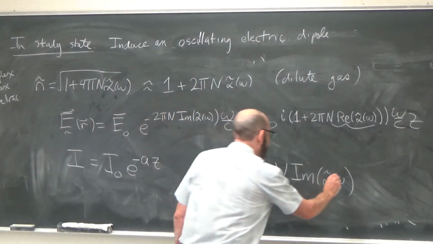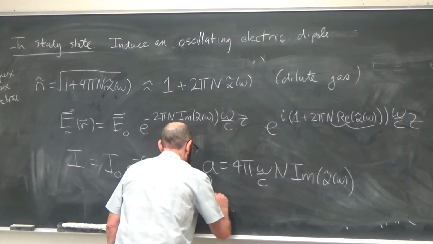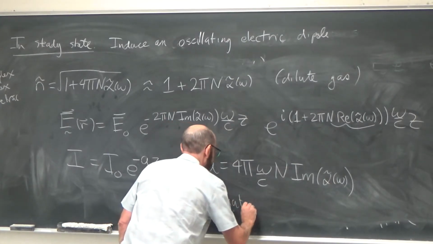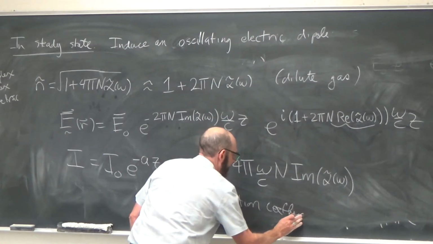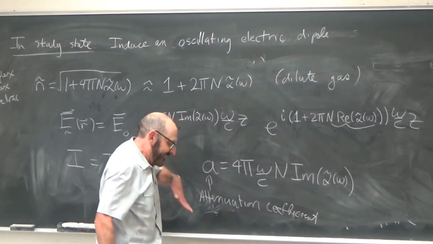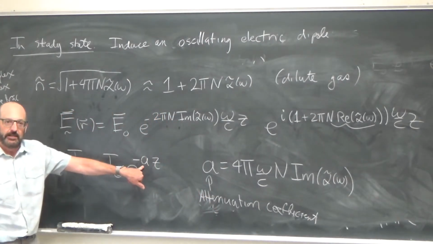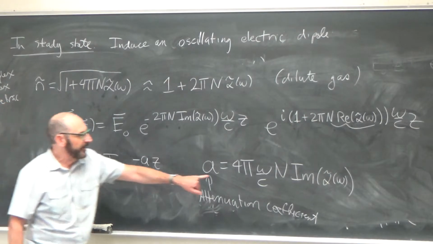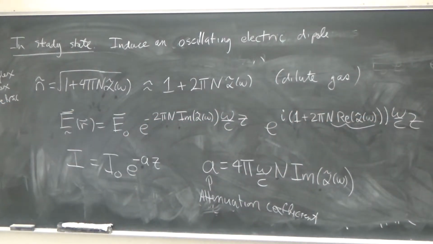This is called the attenuation coefficient. It has units of 1 over length. It tells me the depth at which I exponentially attenuate, which depends on the density and the imaginary part of the response.